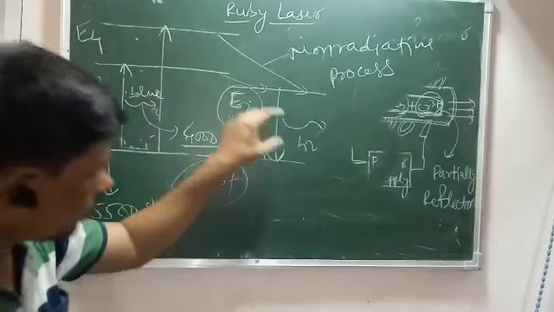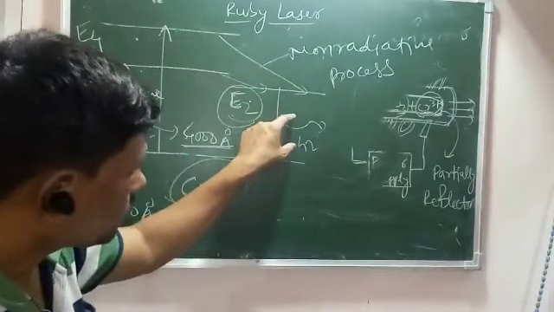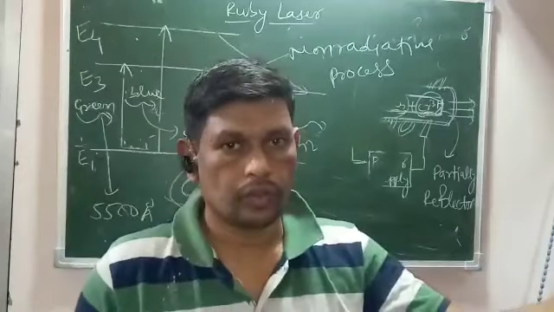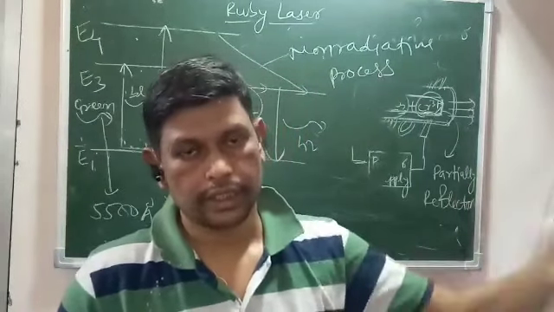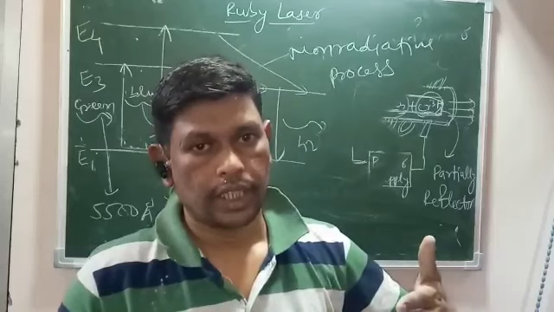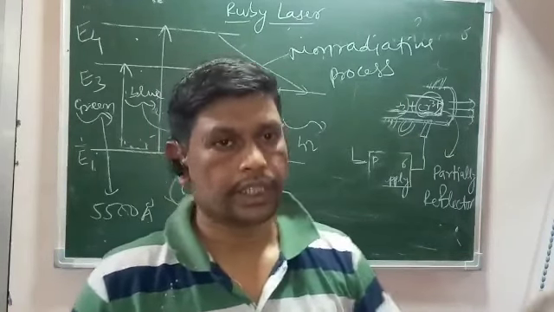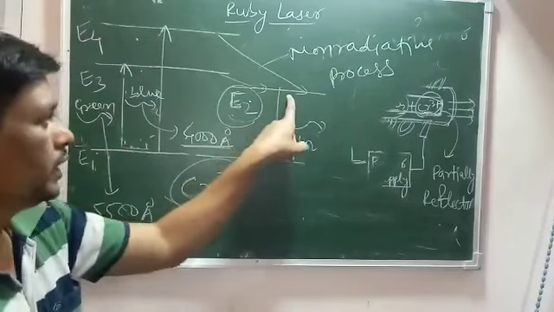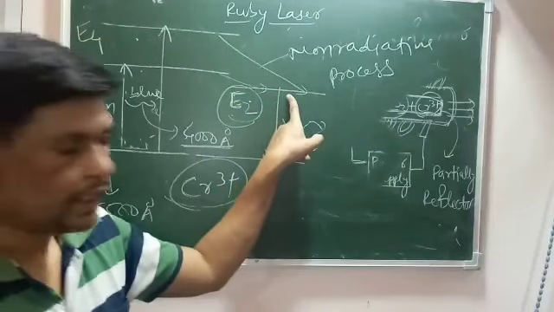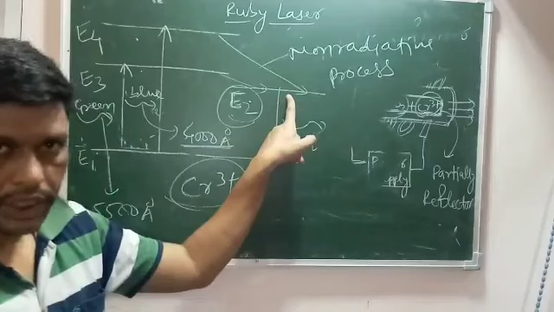So the spontaneous particle goes forth and back in the system, and in a very short time period it can stimulate the particle situated in the E2 state.